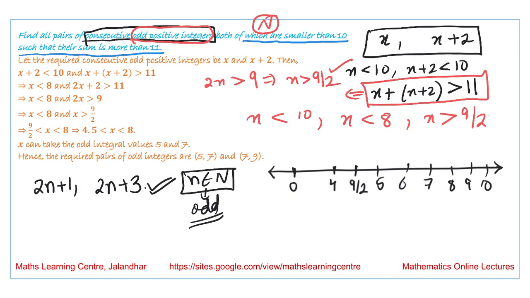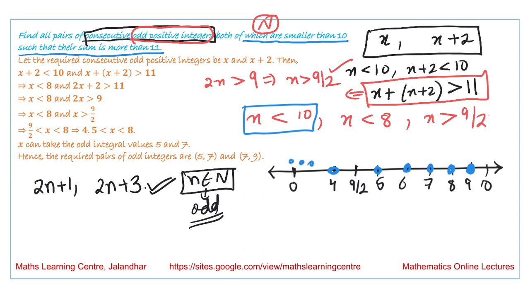So what do these inequalities mean? X is less than 10 means its value can be 9, 8, 7, 6, 5, 4 and so on.